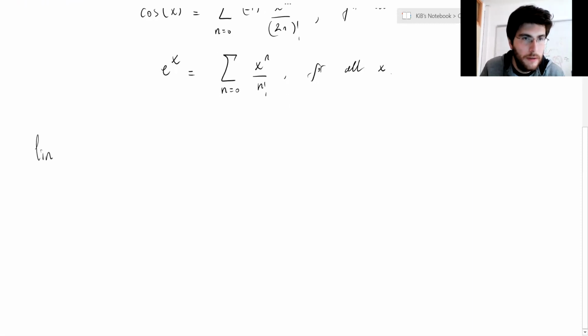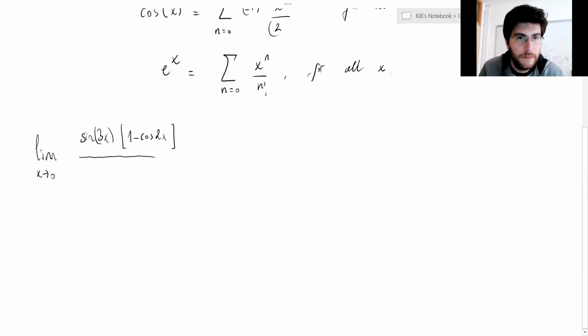So we have the limit as x approaches 0. Let me write down the whole expression: sin 3x multiplied by minus cosine 2x, divided by e to the x cubed minus 1. So let me write down the infinite series, and a couple of terms, the first couple of terms.